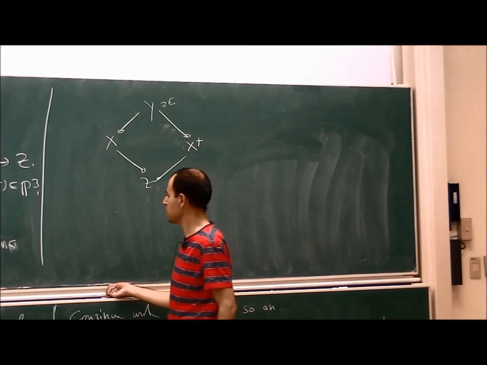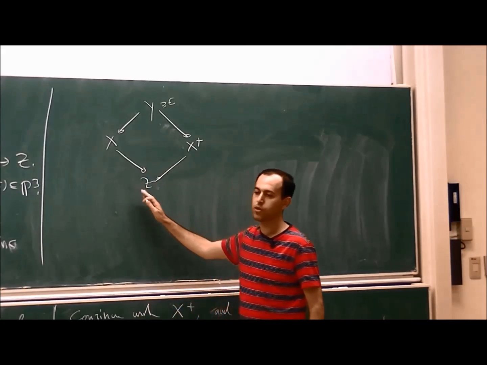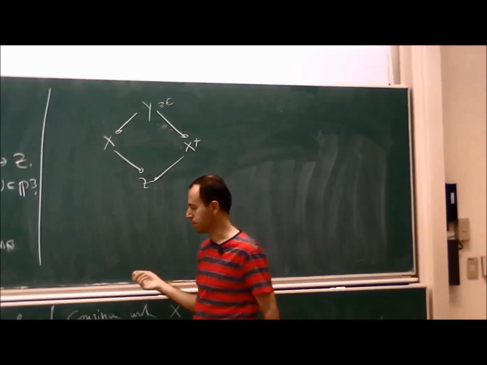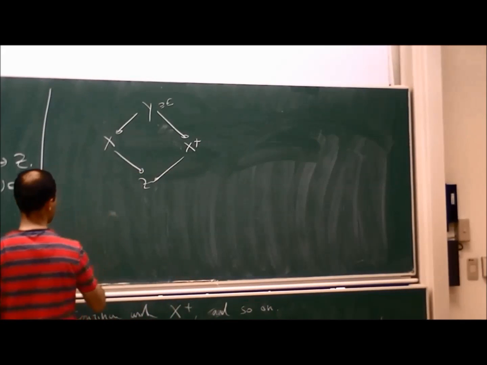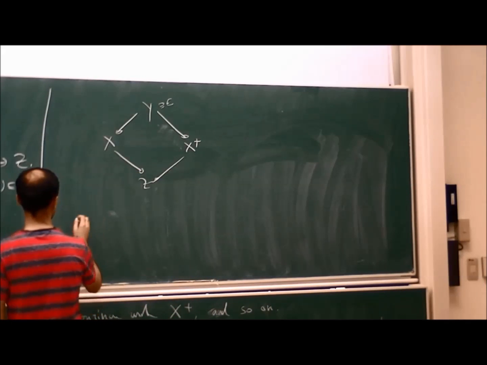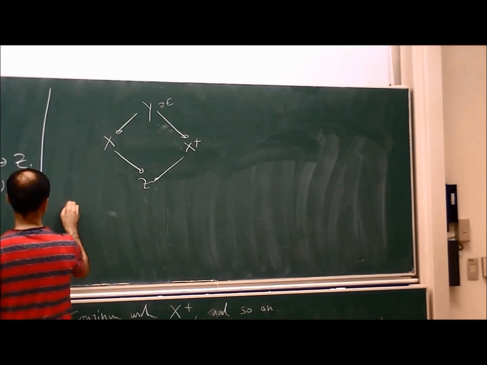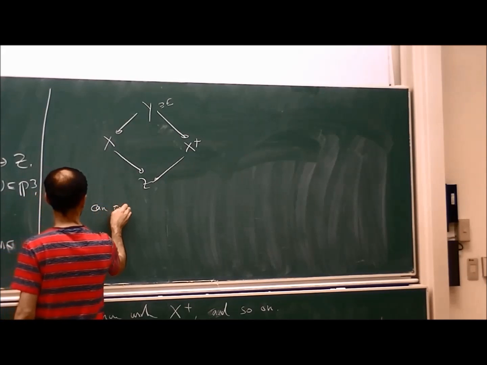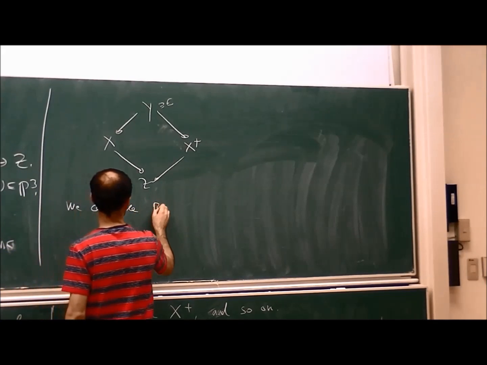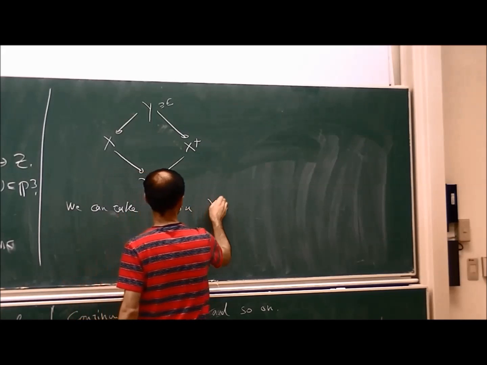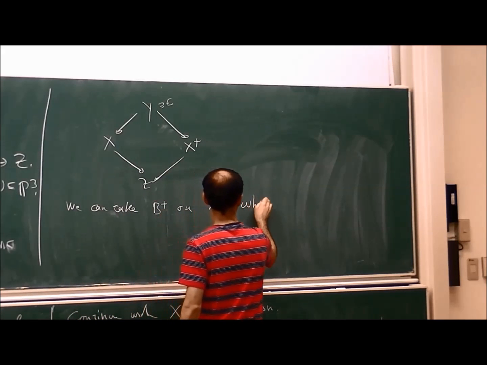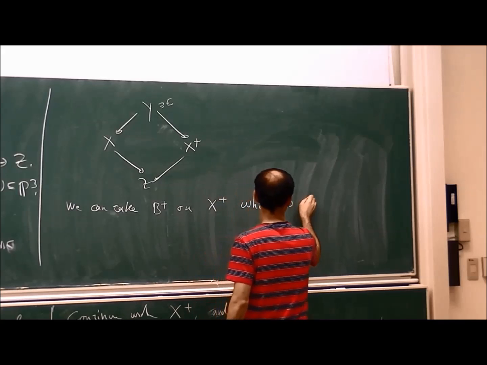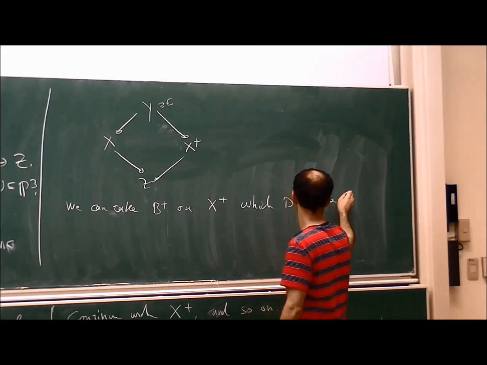Okay, now this is more or less a flip. In fact, this is what we call a flop. A flop is something similar to a flip, but to make it into a flip, I need just a little bit of adjustment. So we can take, let's say, B plus on X plus, so that it is ample.